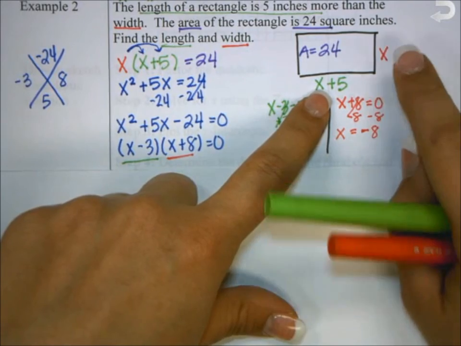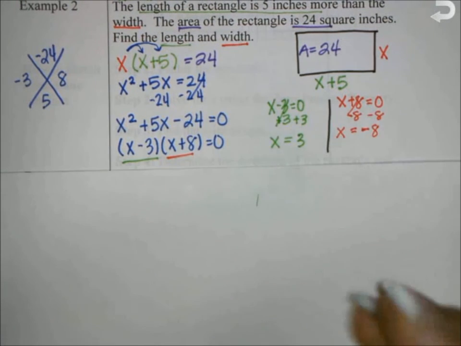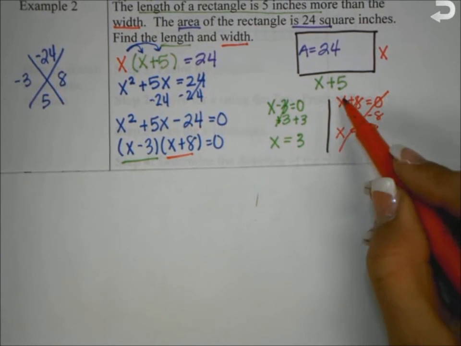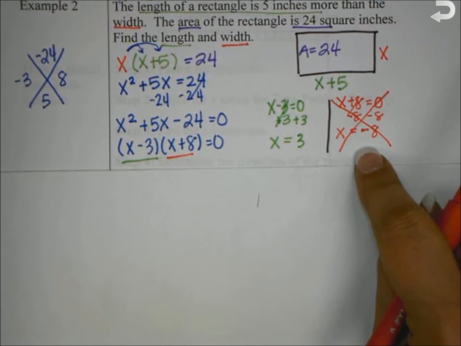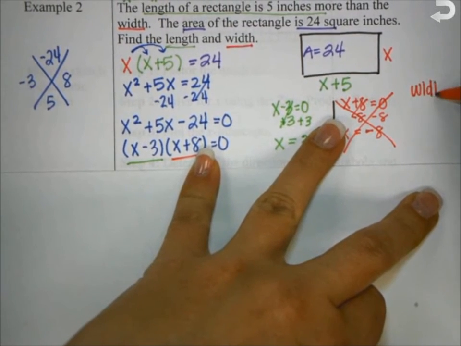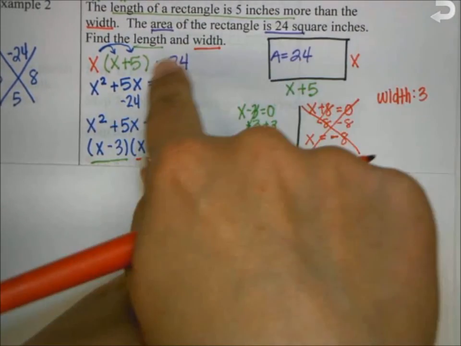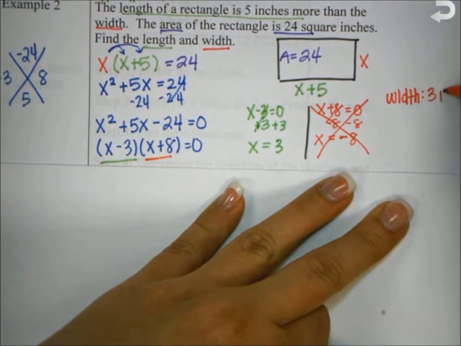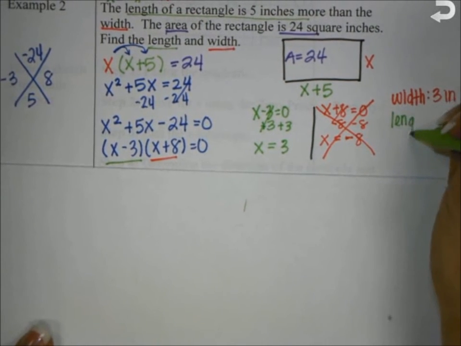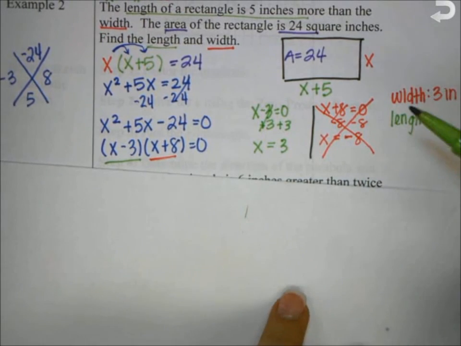Can I have a negative width? No. So we cannot have x equal to negative 8. So our width is 3 inches. So what would my length be? 3 plus 5, so that would be 8 inches.